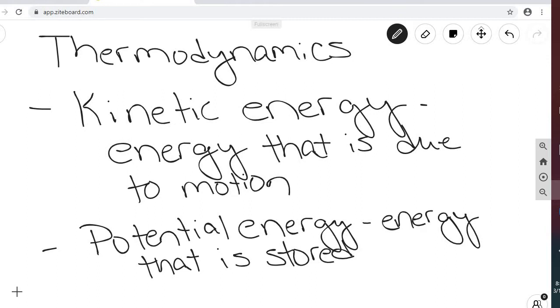A simple example of these two would be, let's say that you have a ball at the top of a hill, but the ball is just sitting on the ground and it is stationary. Well, that ball has potential energy by virtue of its position at the top of a hill.